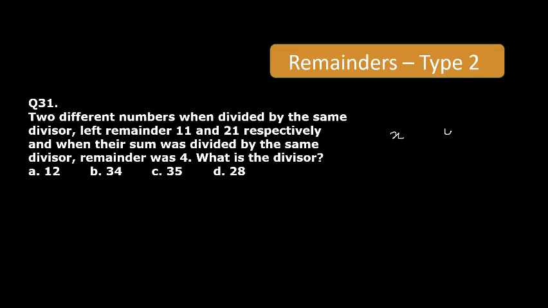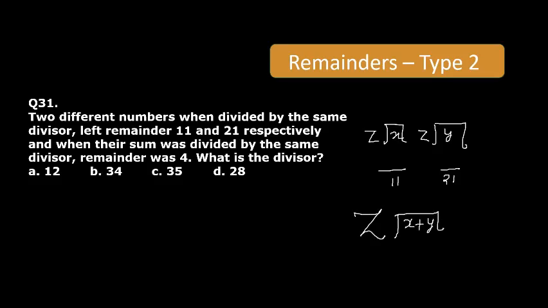So if there are two numbers, they are divided by the same number, let's say Z, and you are getting remainders 11 and 21. Now, when the sum of these two numbers is divided by the same number, you are getting 4. So if your numbers are getting added, the remainders must be added. It should be 32, but it is saying 4.